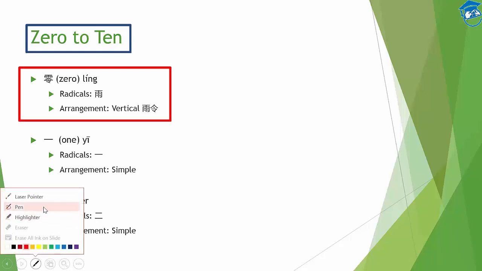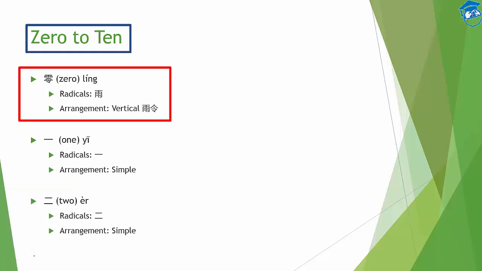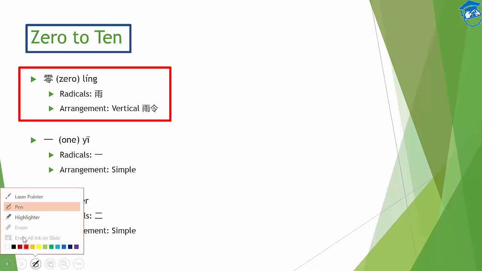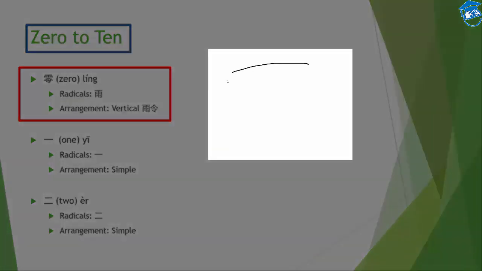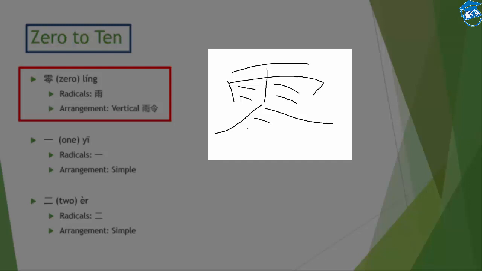So now I will show you how I write the word 零, 0. 1, 2, 3, 4, 5, 6, 7, 8, 9, 10, 11, 12, 13.